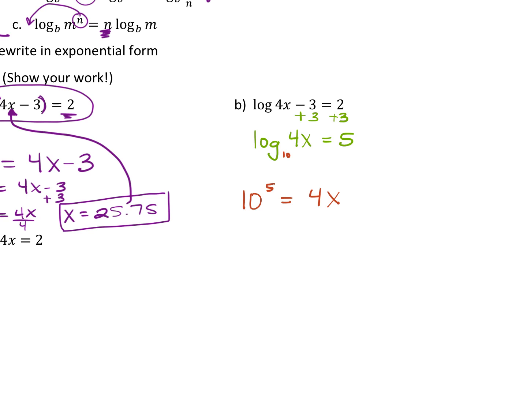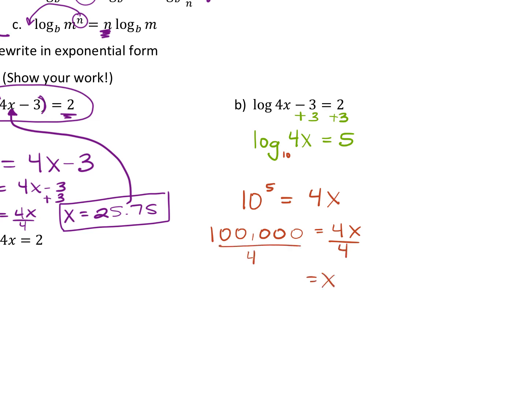If you don't know what 10 to the 5th power is, it's a 1 with 5 zeros behind it, or you can plug it into your calculator. 10 to the 5th, you will get 100,000 equals 4x, and then you just need to divide by 4.